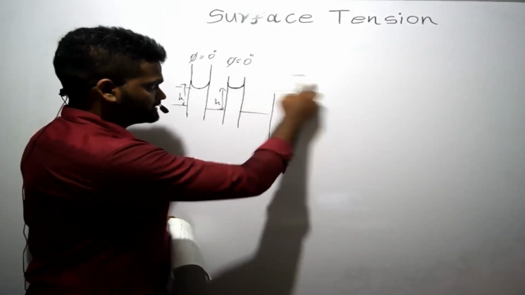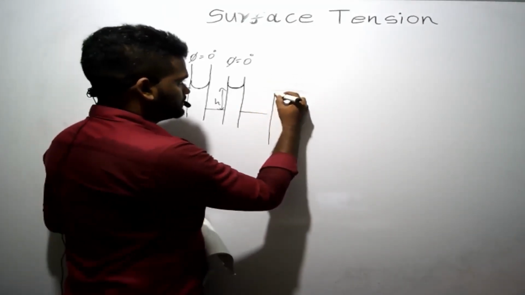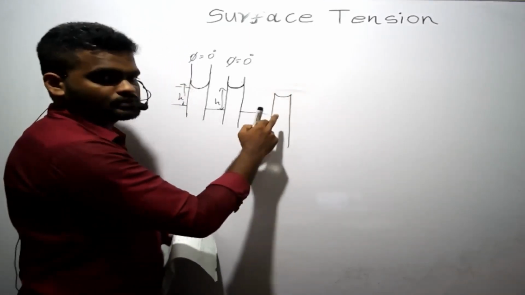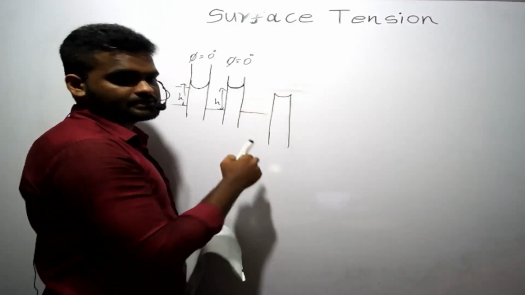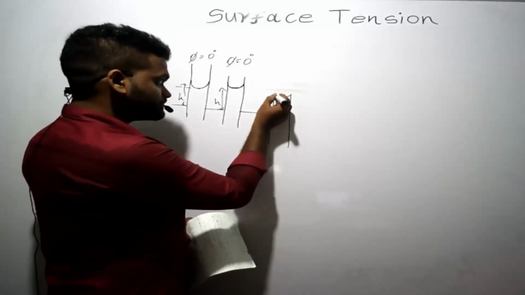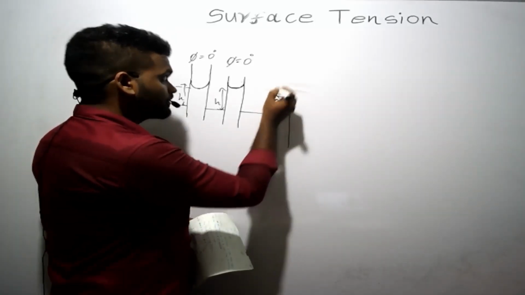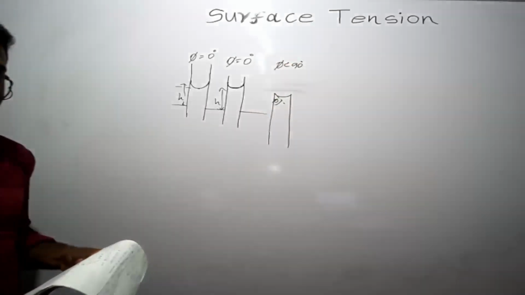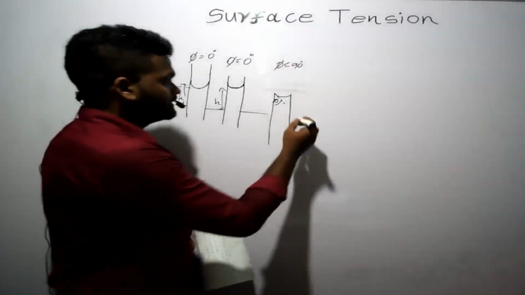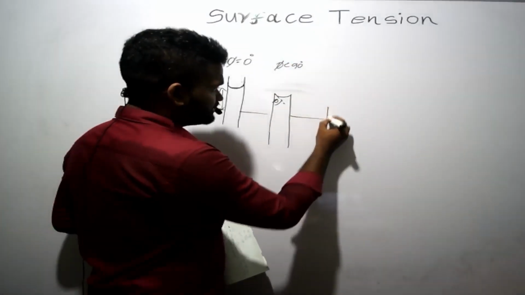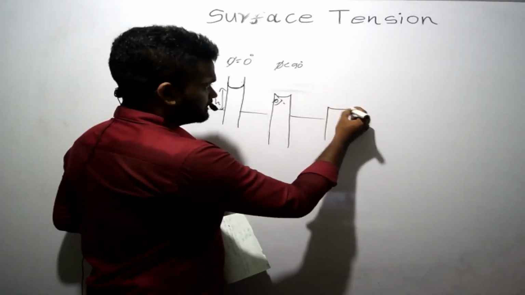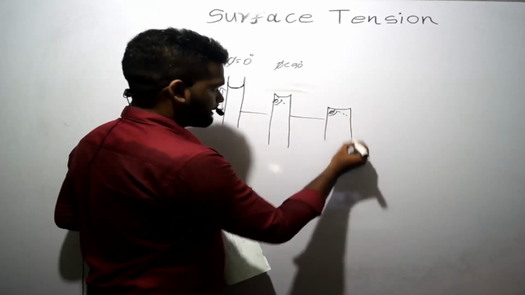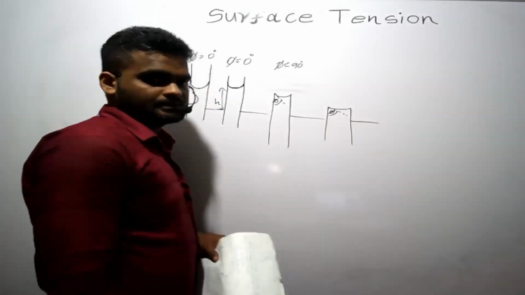Now what has happened? Now it is not enough. Now it starts to change the contact angle. Right? Starts to change the contact angle. And the further you immerse, the contact angle further changes. Right?